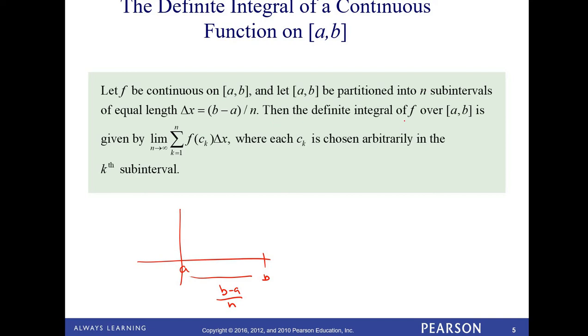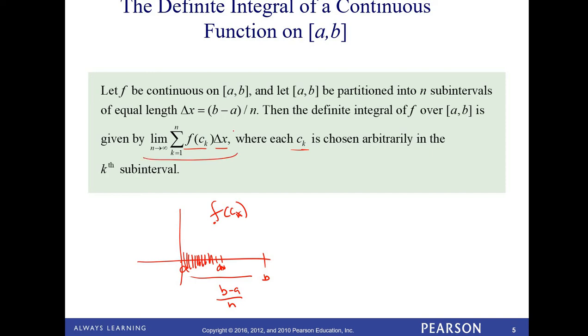The definite integral of f over the interval a b is given by the limit as n approaches infinity, more and more and more rectangles, of the sum as k goes from 1 to n of the function value times the width. Our delta x, no matter how skinny it gets, is still my width, and my function value at any particular point is still my height, where c sub k is chosen arbitrarily in whatever subinterval we are dealing with.